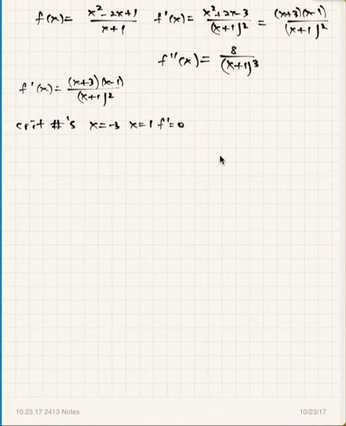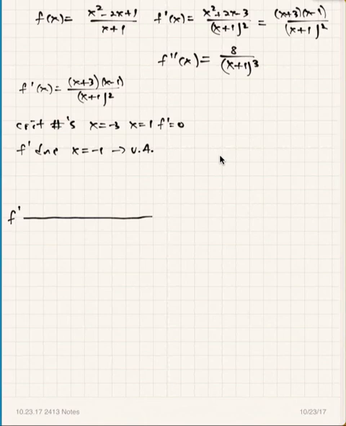The derivative is undefined at x equals -1. Now that cannot be a relative max or a min because that's a vertical asymptote. So we'll still include it in our sign analysis, but it is not a possibility for a max or a min because we know that there's a vertical asymptote there.